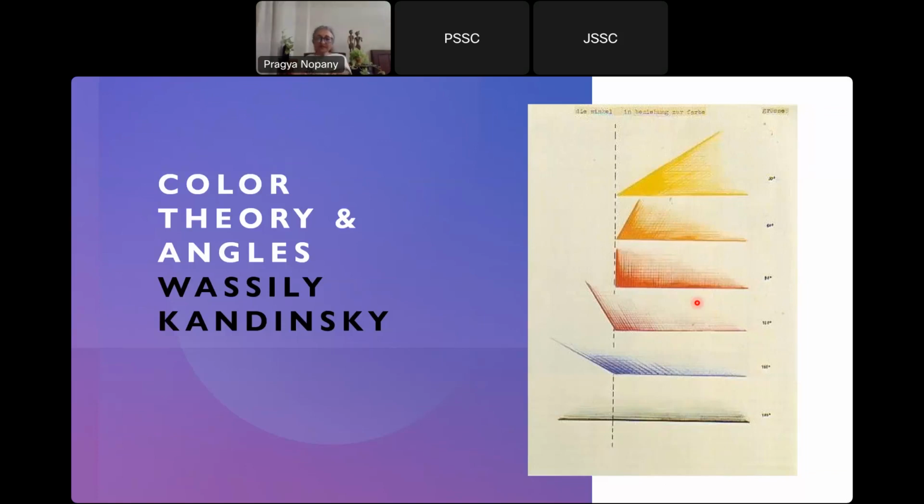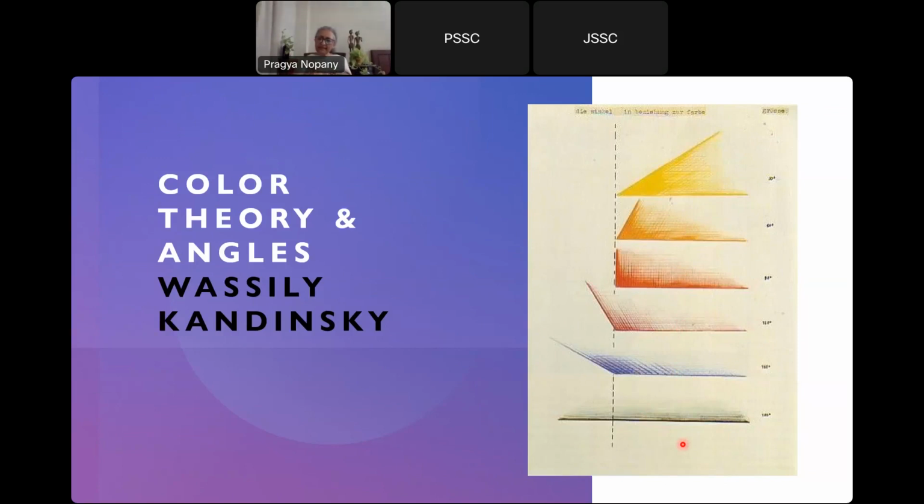Now, this is a beautiful sketch by, again, Vasily Kandinsky, who is showing angles. Now, look at the beautiful way in which angles have been presented. So, this is 30 degree, 60 degree, 90 degree, 120, and so on. But look at the way the colors are being varied and such a beautiful presentation.